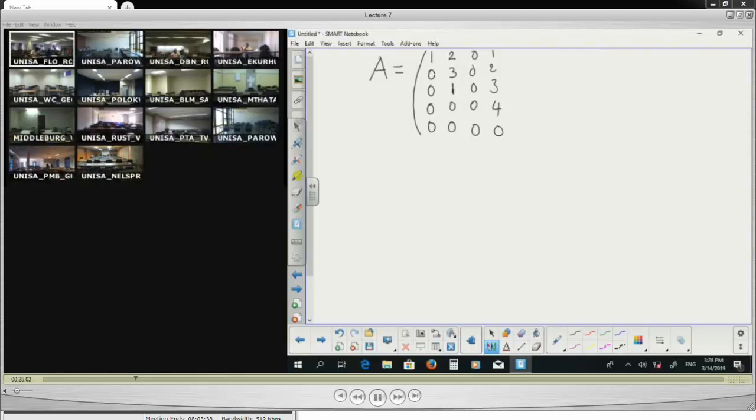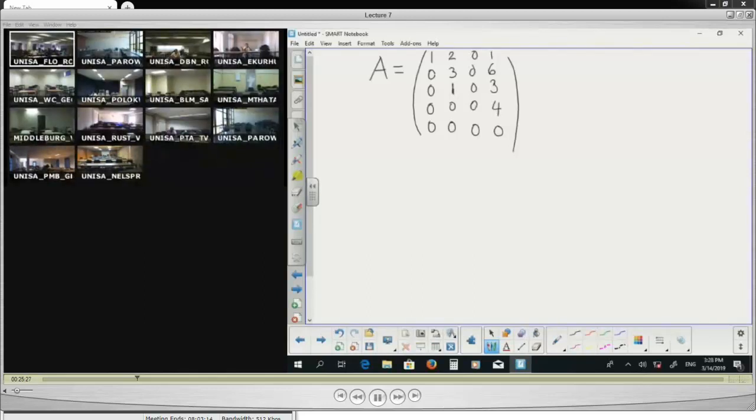Is this an echelon form? Why? Third row, second column, this one.